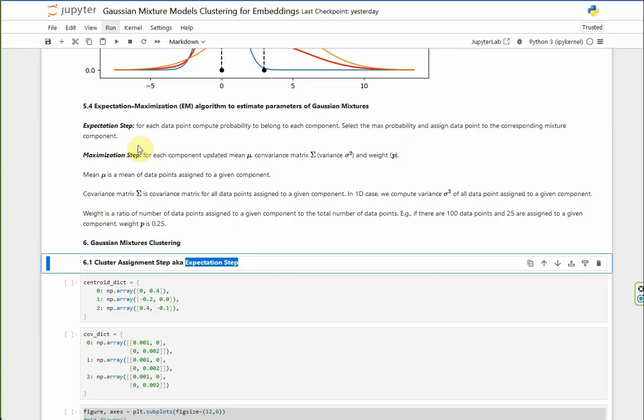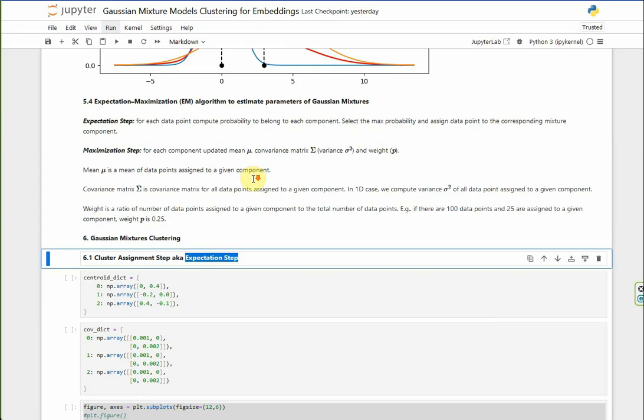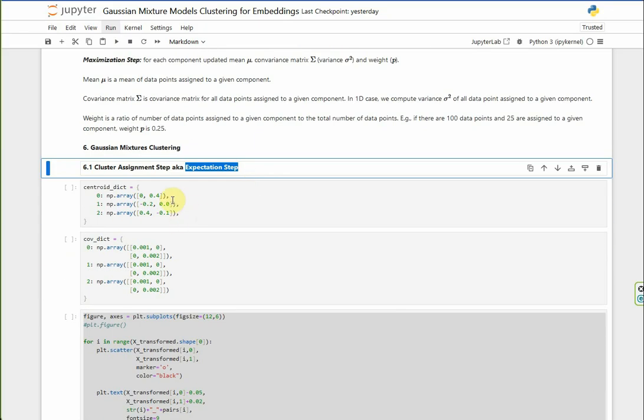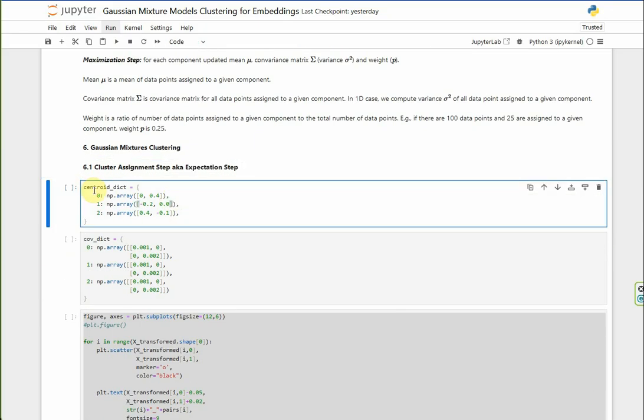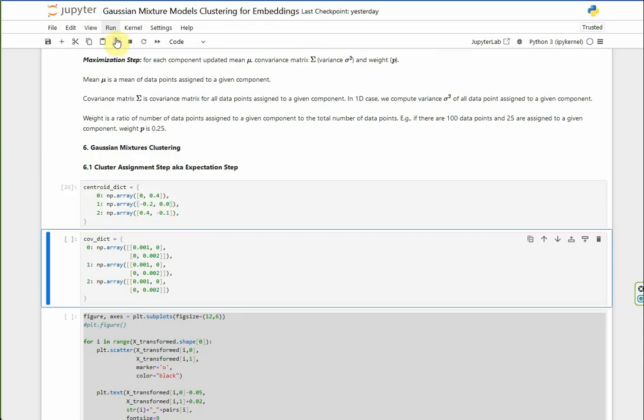So in a sense, now instead of representing the centroid of our cluster as just a center data point, we represent the centroid with the data point itself and the covariance matrix associated with that data point. So now we have to initialize the mean values, which will be our centroids from k-means clustering, and we also should initialize covariance matrices for each of the centroid points.